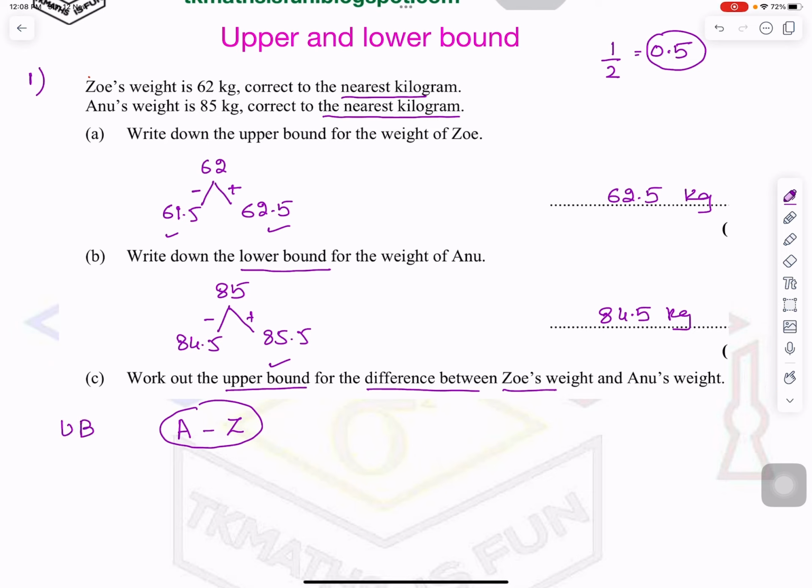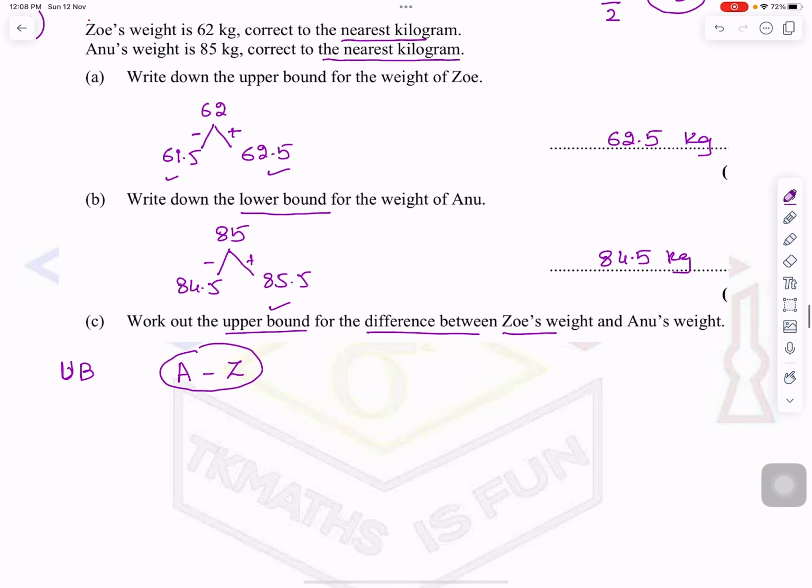Now pay attention to what I am saying. I want the answer after subtraction on the higher side. So this value should be bigger and Zoo's value should be smallest. Why? Because big minus small will be the biggest answer.